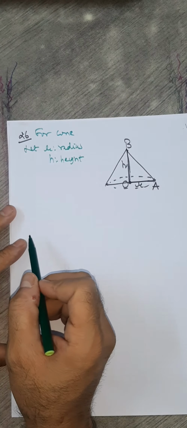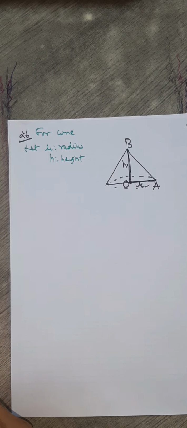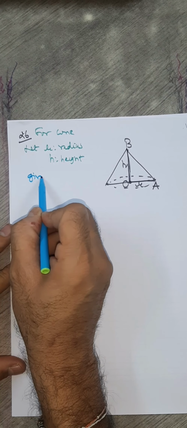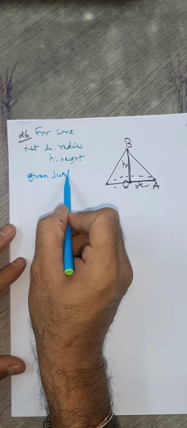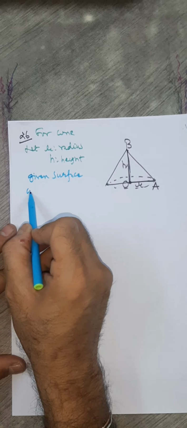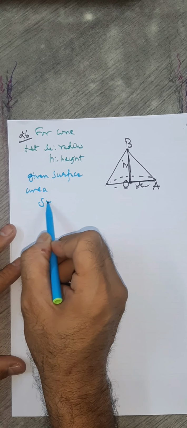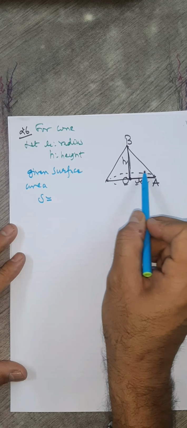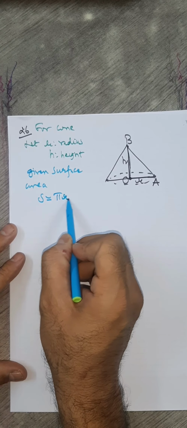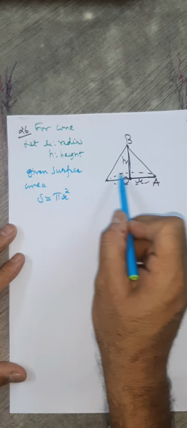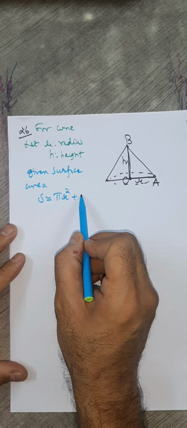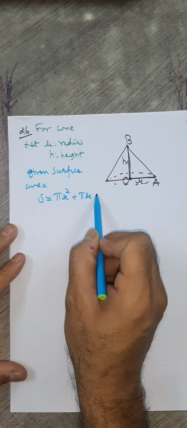Now what is given? That is a constant. What is given here? Given surface area. You know how to write the surface area. That is S equals, how do we write it? Pi r squared, the base area, plus this area, that is pi r l.